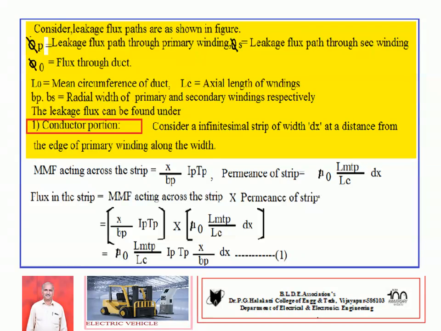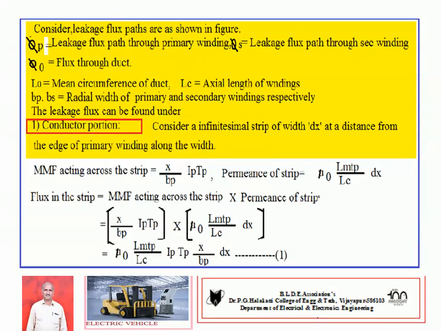Then consider an infinitesimal strip of width dx at a distance x from the primary winding edge. You see the diagram, where the strip lies in the primary winding. At one end of the primary, the strip lies at a distance x from the one edge of the primary winding.